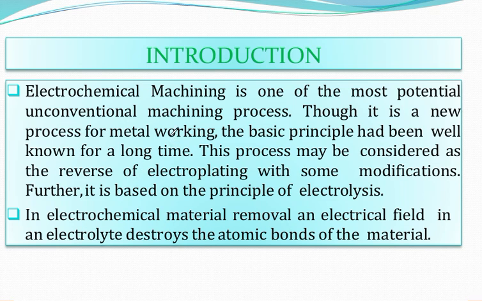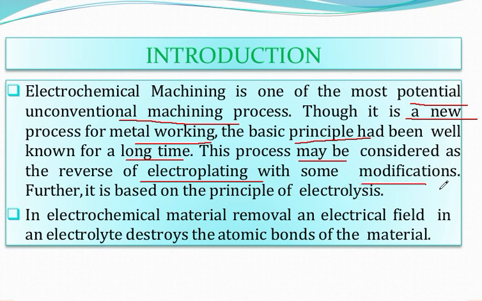We were talking about electrochemical machining, a very important and most potential unconventional machining process. Though it is new for metal working, the basic principle has been known for a long time. The process may be considered the reverse of electroplating with some modification added to it.